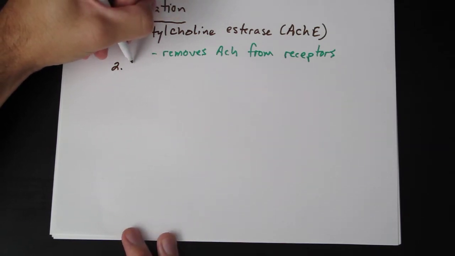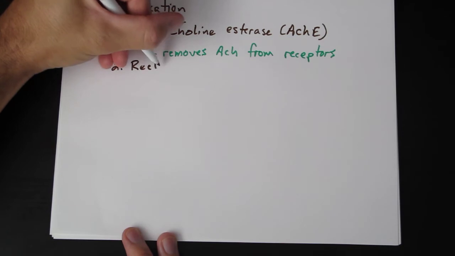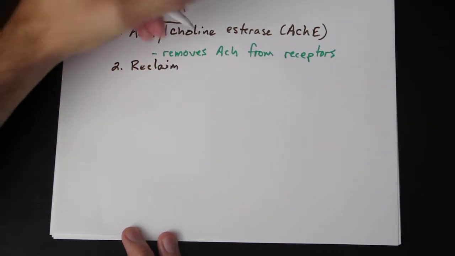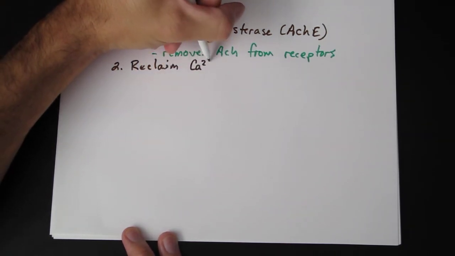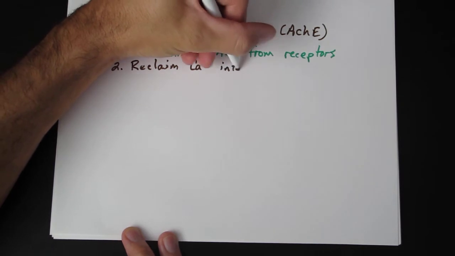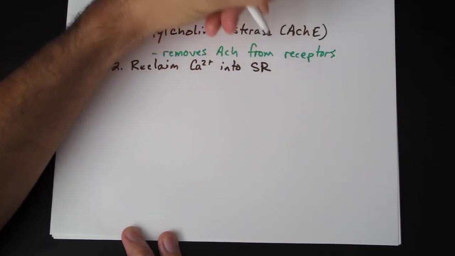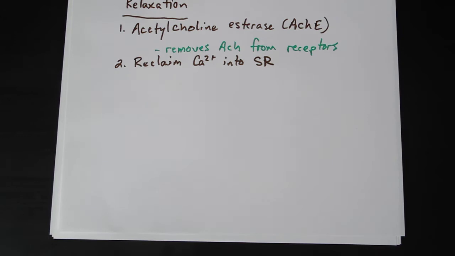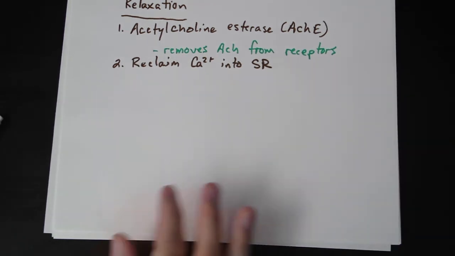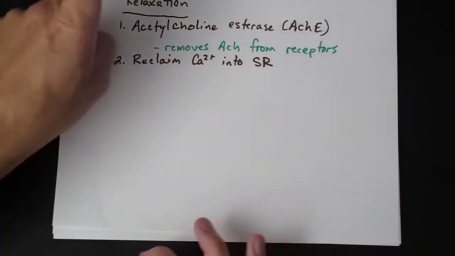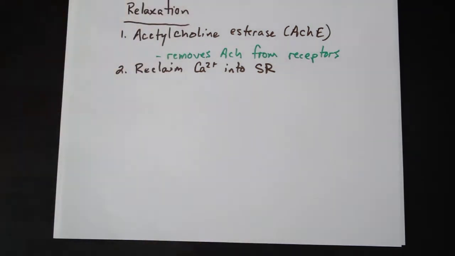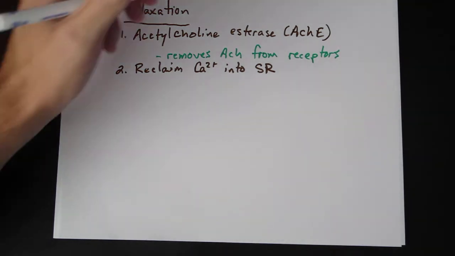So we have to reclaim calcium into the sarcoplasmic reticulum. Okay, we have to move the calcium from the sarcoplasm back into the sarcoplasmic reticulum. There are pumps on those ryanodine receptor channels that allow that calcium to get pumped back into the sarcoplasmic reticulum.